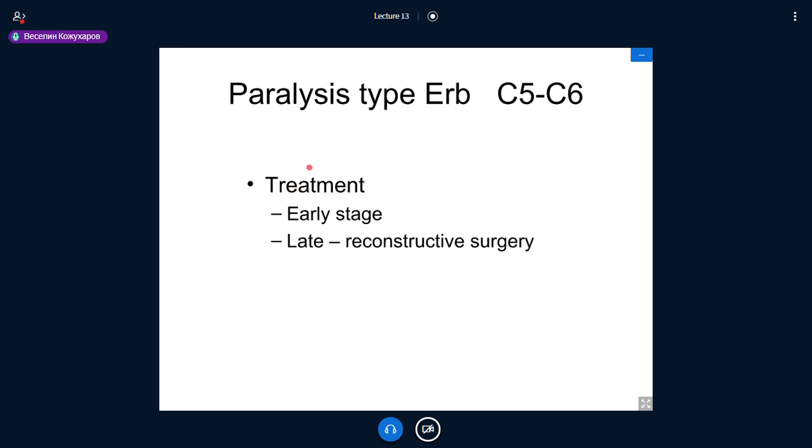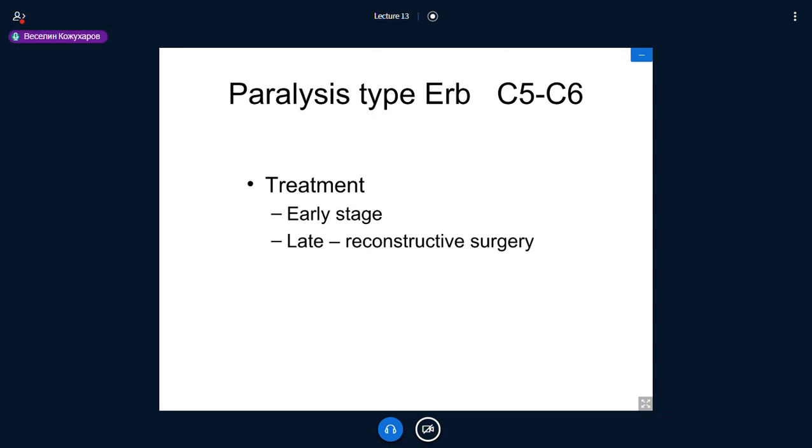If there is a spontaneous recovery of the motor and sensory function, it's okay. The treatment will continue with medicaments and physiotherapy. But if there is no recovery, the proper treatment will be neurosurgery.